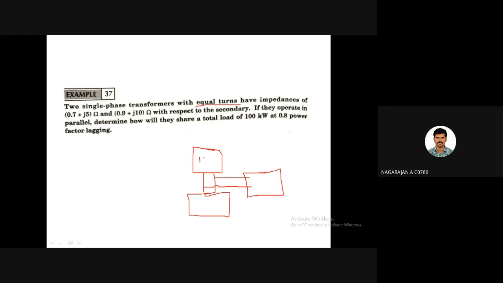For example, let us imagine these two are 10 kVA transformers, and they are feeding a load of 15.